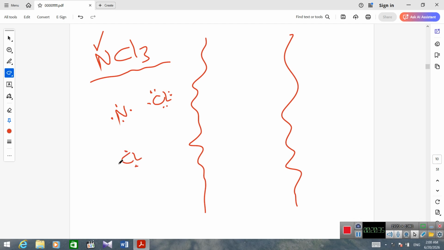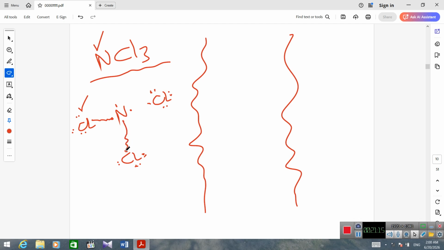As you can see, each chlorine has 7 electrons, 3 electron pairs and 1 single electron, and the side chlorine similarly, and we can connect single electrons, and then we count 2, 4, 6, 8. It has reached the octet rule.